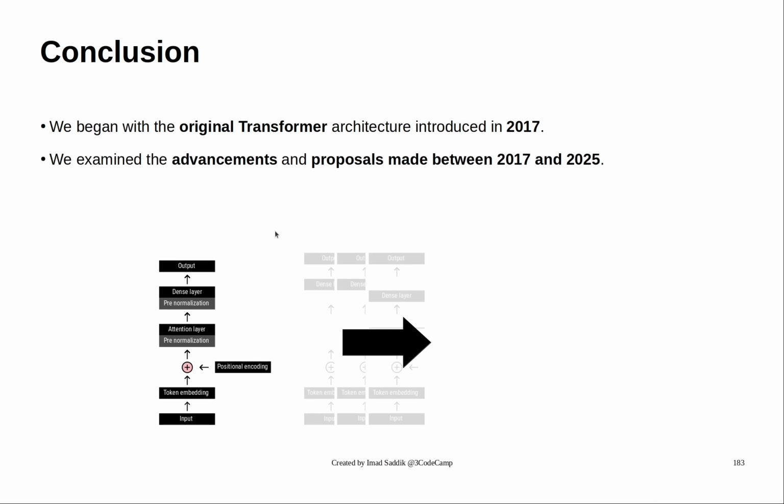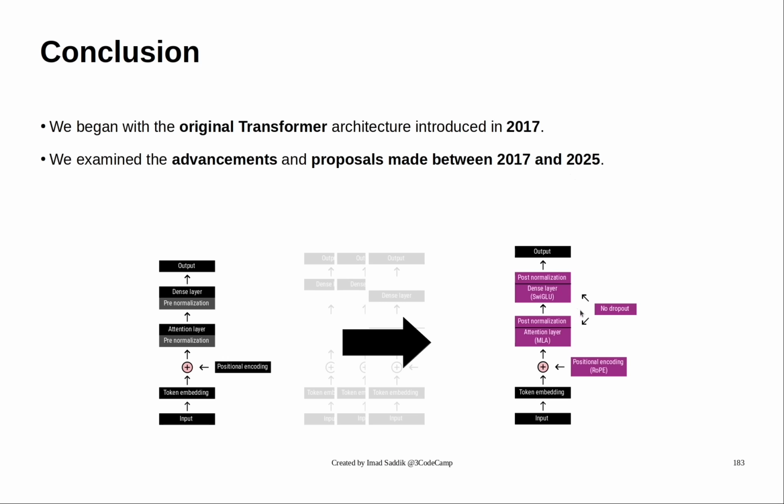This course was all about exploring the improvements and new ideas that were proposed from 2017 to 2025 that helped make the transformer even better. As you can see from this diagram, we have tried a lot of ideas and we had to learn a lot in order to get here where we have improved the transformer architecture drastically.